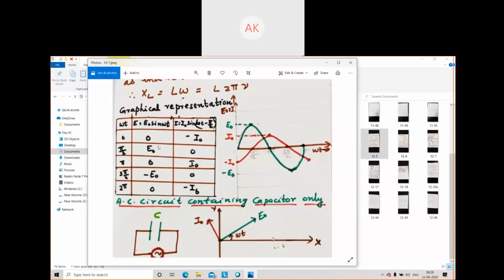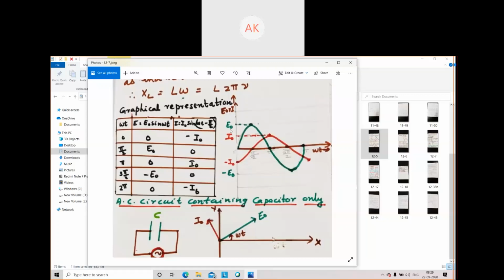So here you can see the equations: for alternating EMF, E equals E0 sin omega t, and for current, I equals I0 sin(omega t minus pi by 2). When we plot the graph, first we plot the voltage. Along the x-axis we take omega t, and along the y-axis we take EMF or current.